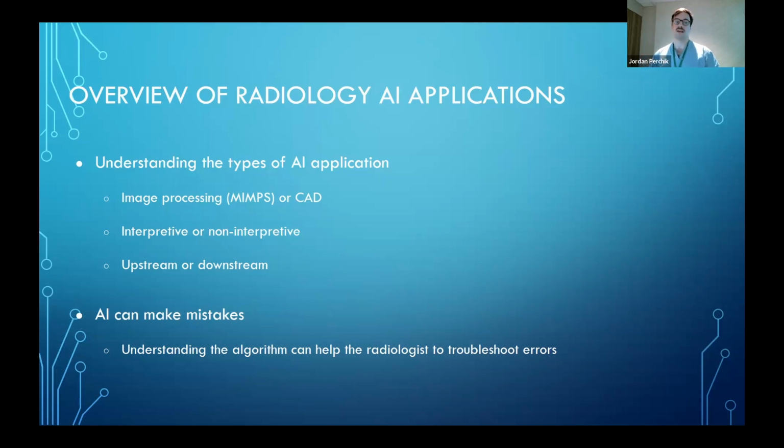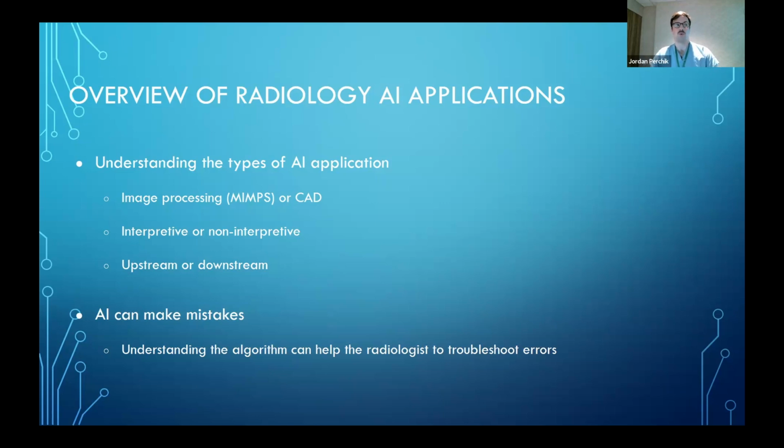Alternatively, we can think, is this an interpretive or a non-interpretive process? Is this helping the radiologist with interpretation, or is this involved in something that is not really related to the interpretive process, maybe like image quality or scheduling or other processes in the AI radiology exam lifecycle?